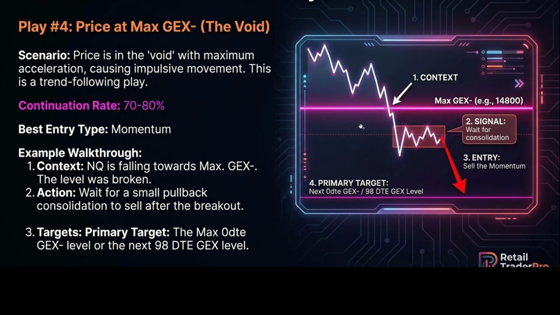Example context: NQ is falling toward the max GEX negative level, and the level was broken, like I showed here. What is the action? Wait for a small pullback or consolidation to sell after this breakout.